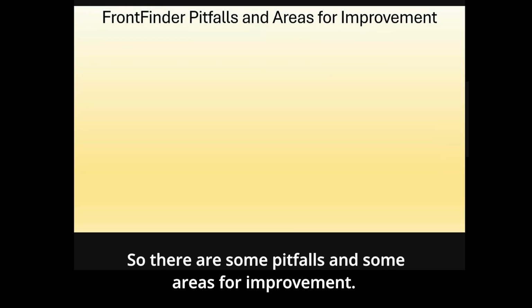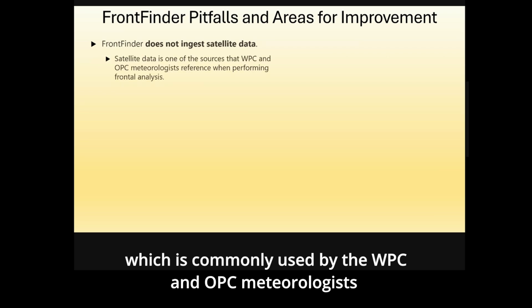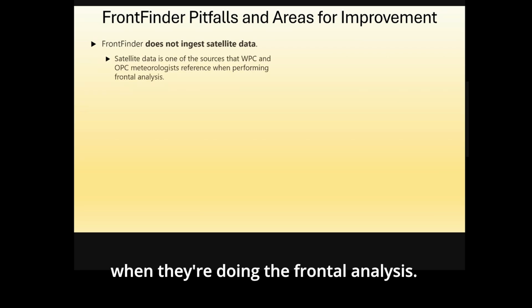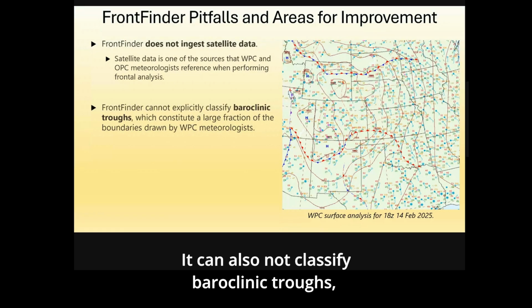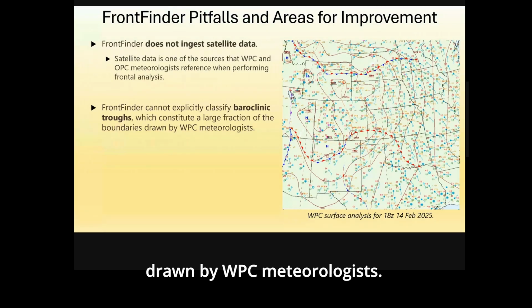So there are some pitfalls and some areas for improvement. First of all, Front Finder doesn't ingest satellite data, which is commonly used by the WPC and OPC meteorologists when they're doing the frontal analyses. It also cannot classify baroclinic troughs, which constitute a large fraction of the boundaries drawn by WPC meteorologists.